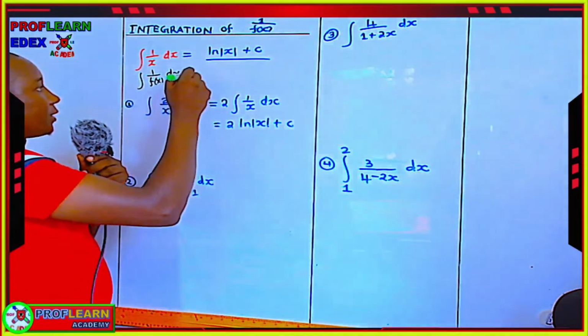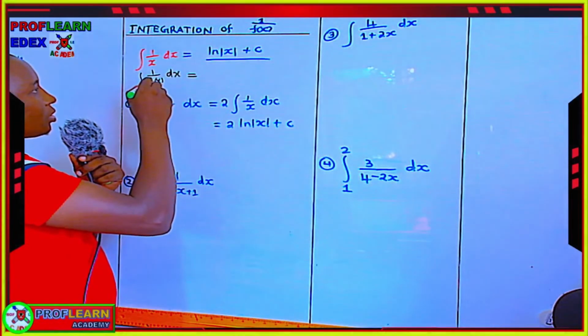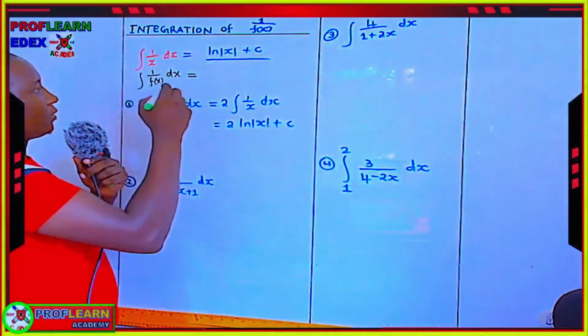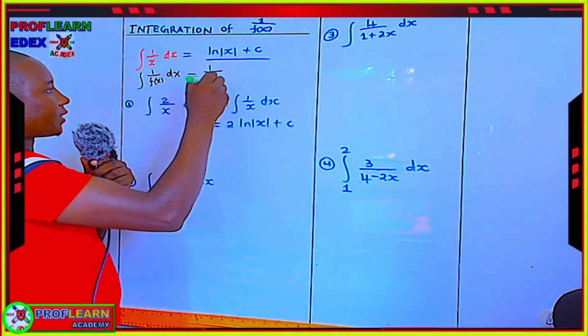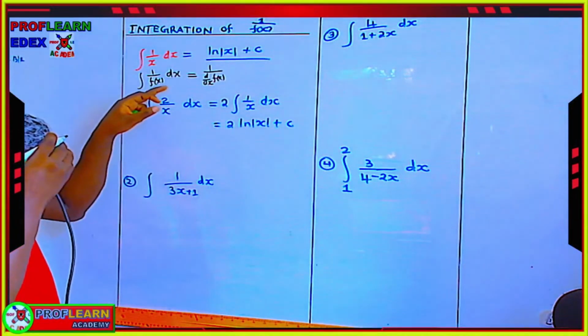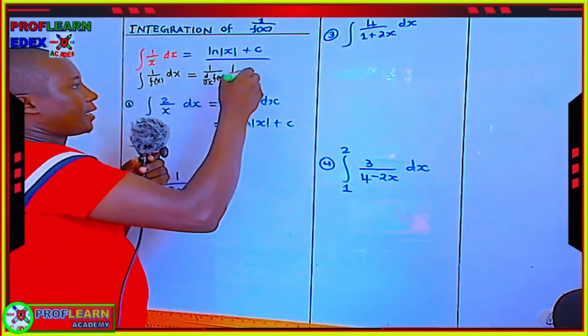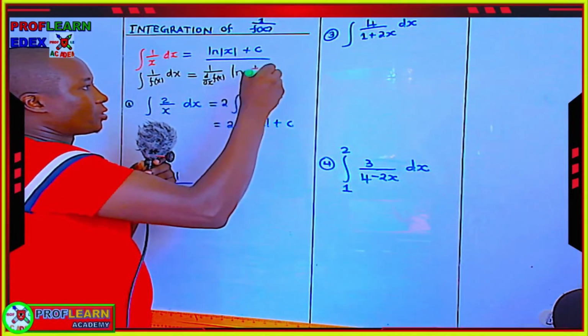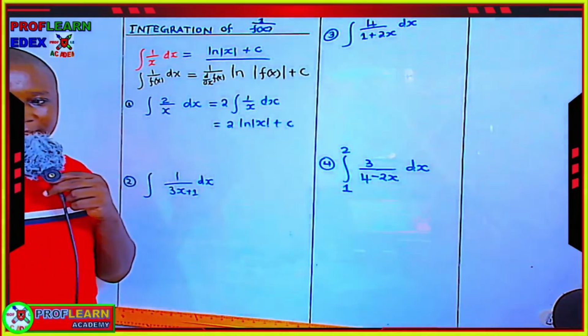You are going to differentiate this function, and you say 1 over d/dx of f of x. So you differentiate this, but you say 1 over that, and then you say ln of the absolute value of f of x, then plus c like that.